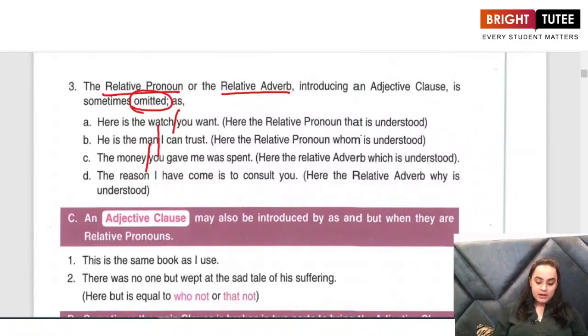The reason I have come is to insult you. The reason why I have come is to insult you. So you see, there are a few sentences in which we can omit the usage of a relative pronoun or a relative adverb.